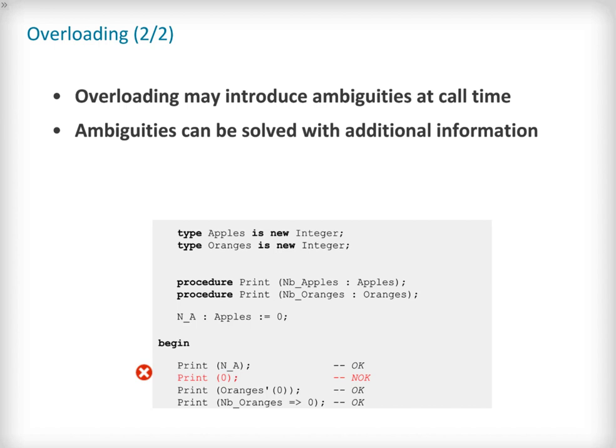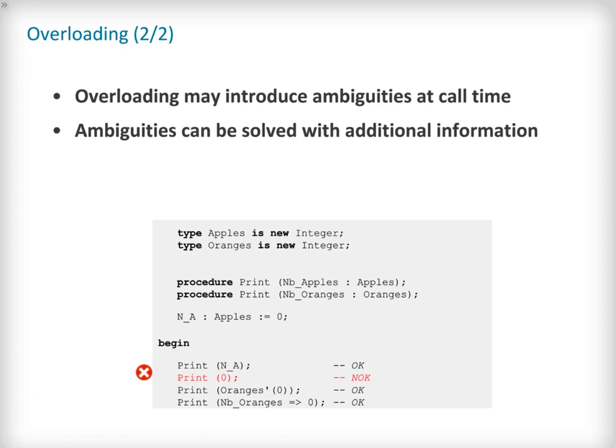Let's take this example. I have two integer-based types, apples and oranges, and I'm overloading the print subprogram. One is able to print apples, the other one is able to print oranges. Now, if I'm calling using a typed variable, like NA, which is a number of apples, the compiler will be able to select properly the version of print that knows apples.